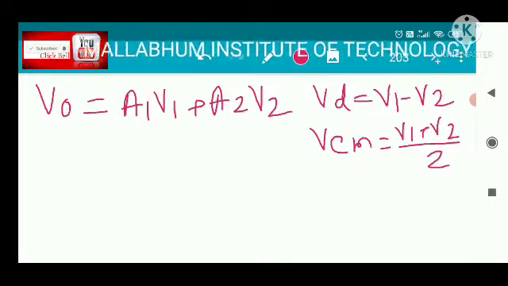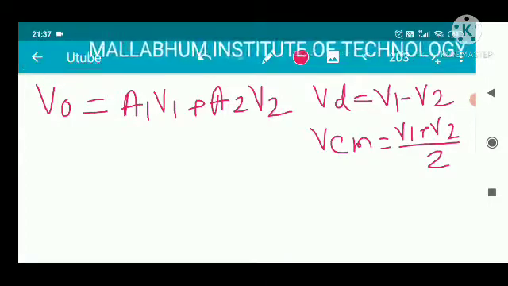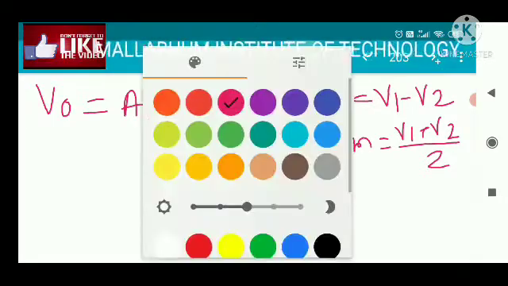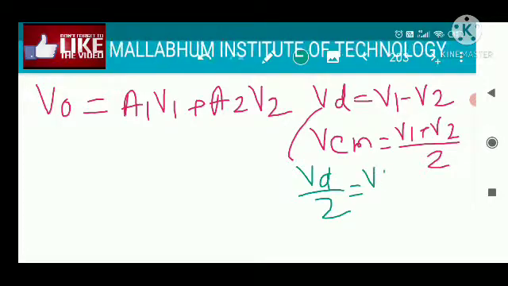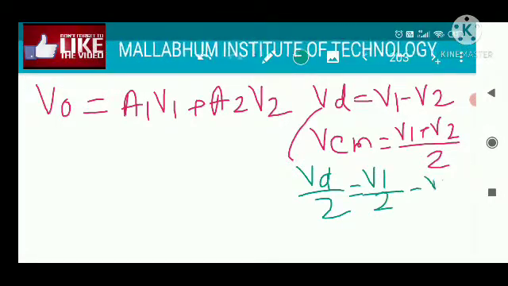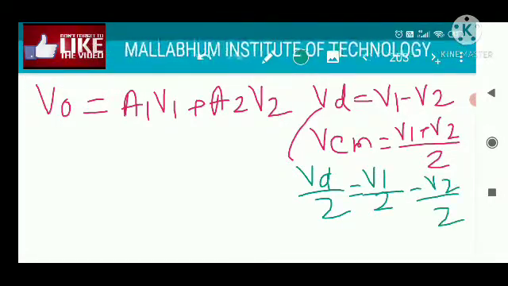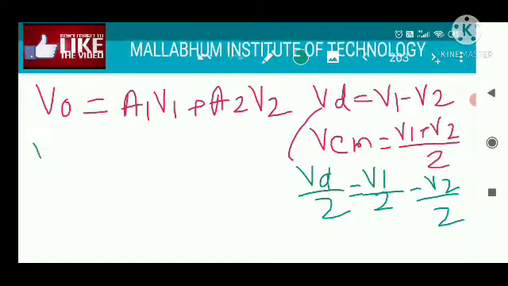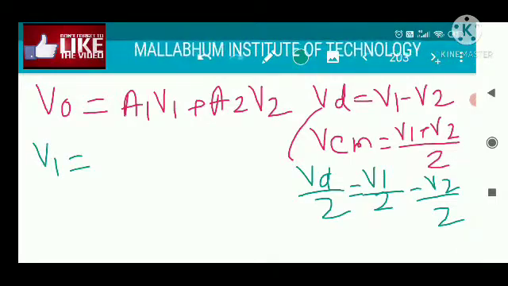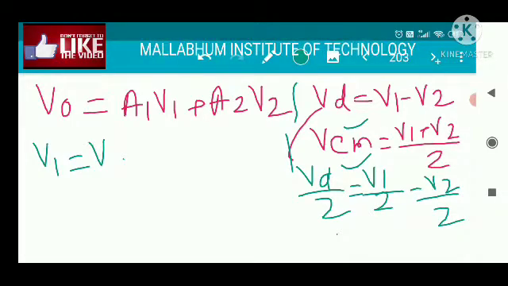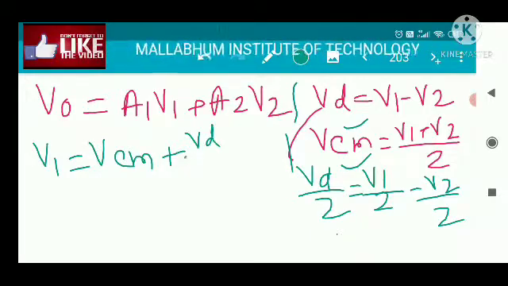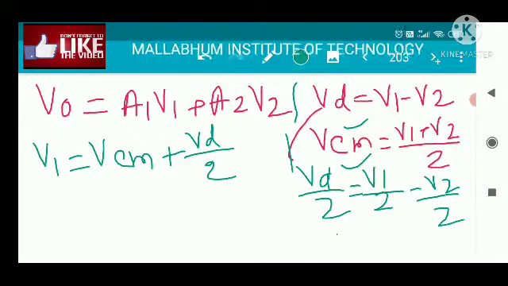Also VD by 2 is equal to V1 by 2 minus V2 by 2. If we simplify these two equations, your V1 comes out to be VCM plus VD divided by 2.